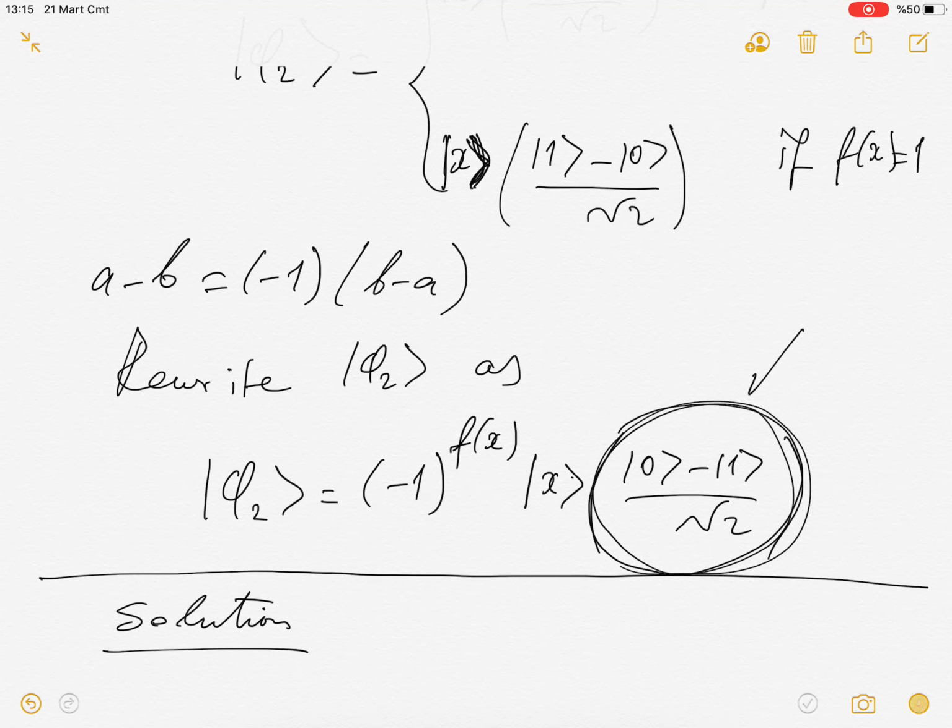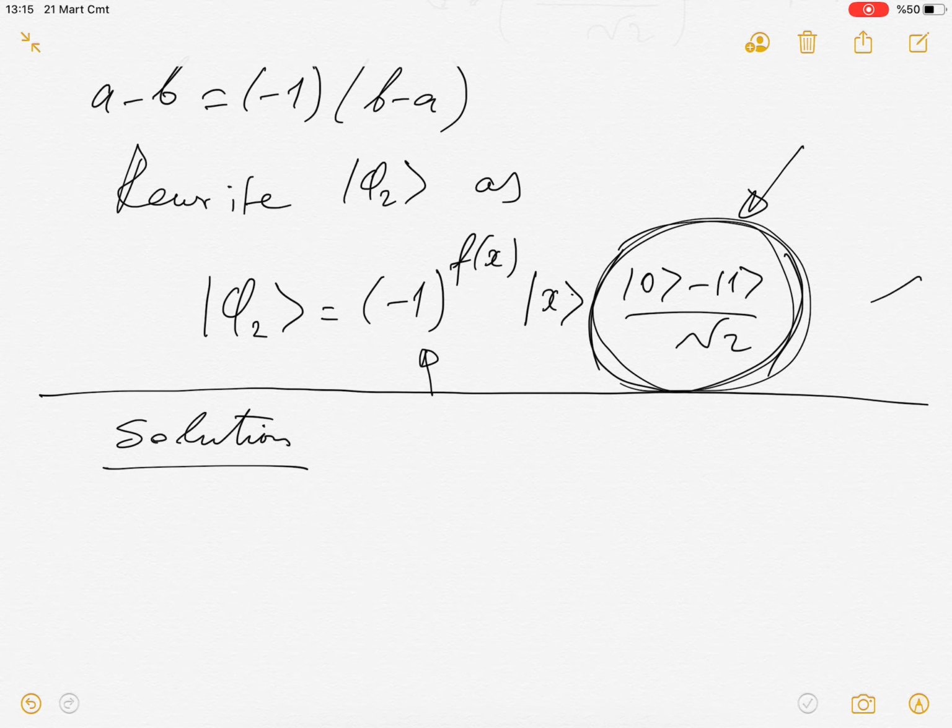This vector is actually the eigenvector of UF. Because if the input is x and y is equal to this negative phase superposition state, then the output will be the same except that it picks up a phase of minus 1. Now we will use this property in the solution.